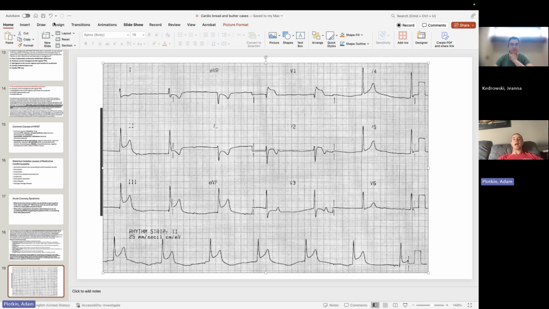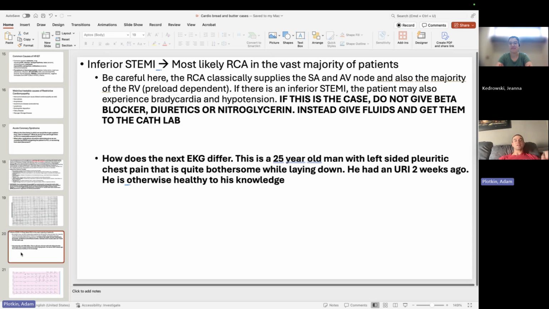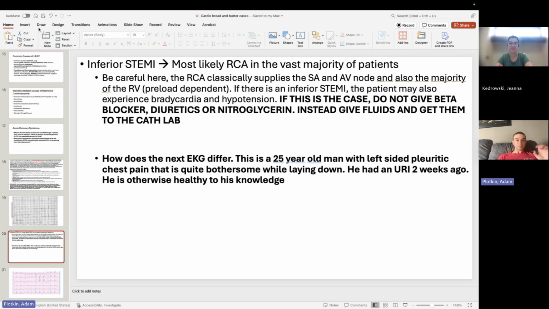If it were LAD, it'd be more of my anterior leads, things like V1 through V4. Sometimes V5, V6 get picked up. Sometimes you'll see one in AVL. Those are all my left-sided leads. Make sense?